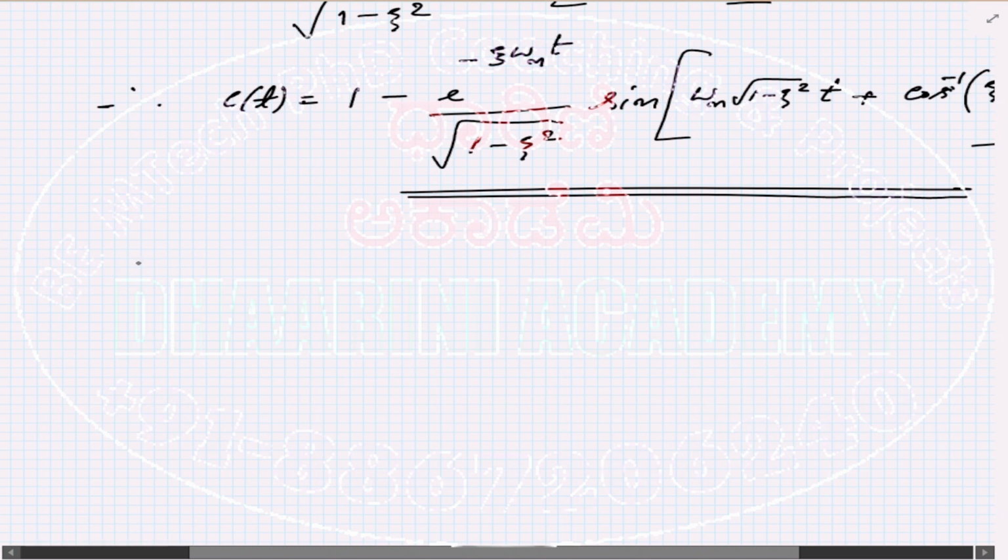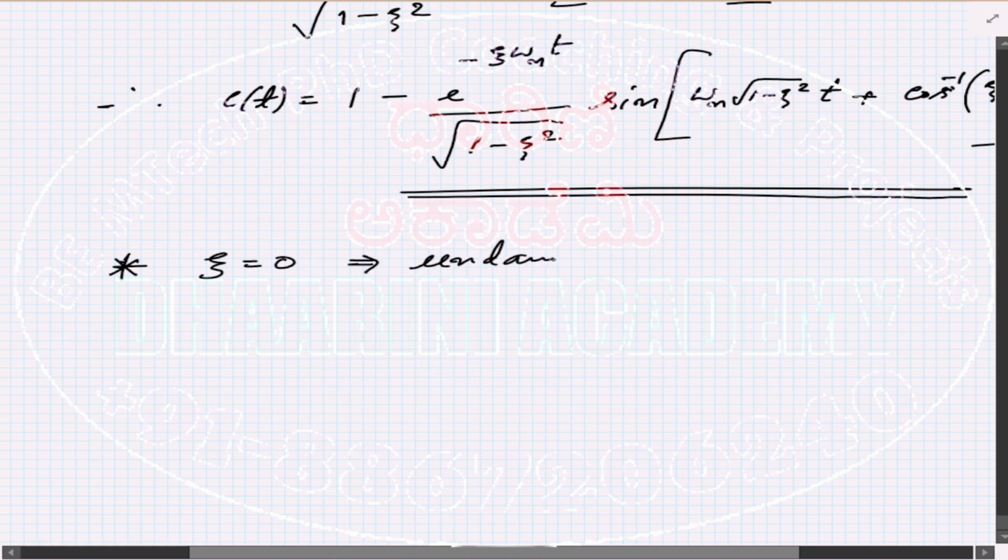So now the next case is, let's say zeta is equal to 0. This system is called undamped, no damping. Zeta is 0 means no damping. You can directly write that in the required equation. But when zeta is 0, what is the value of theta? Theta is 0, since sine inverse of 0 is 0.